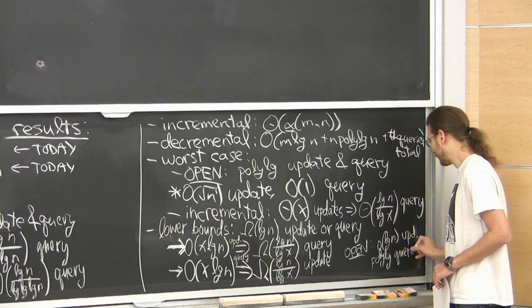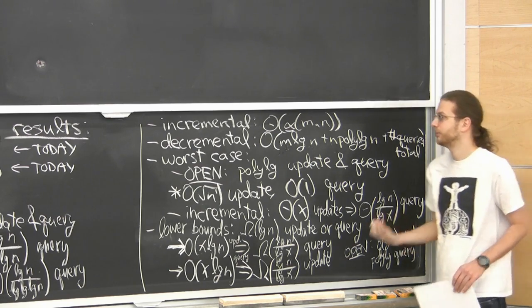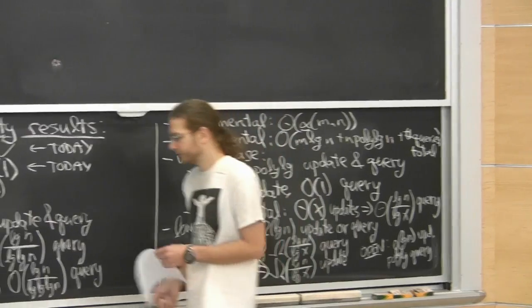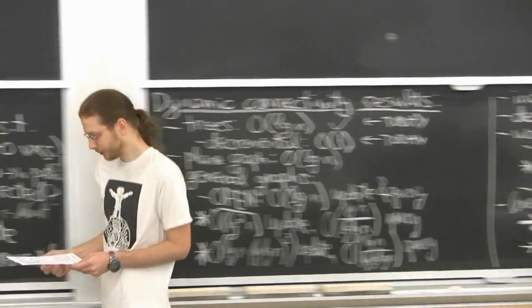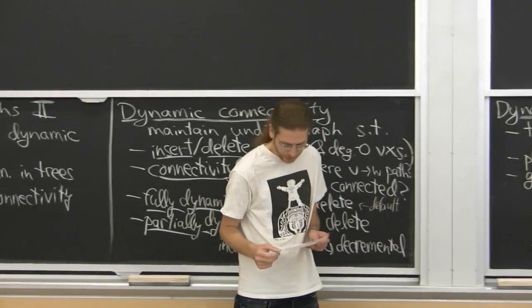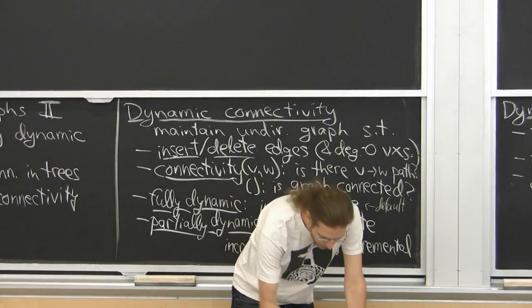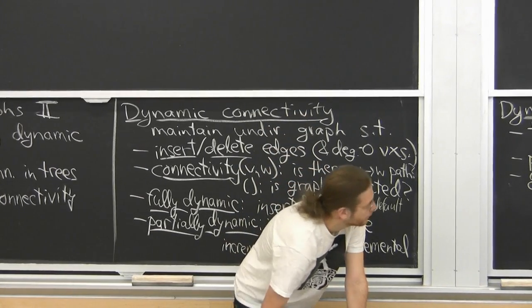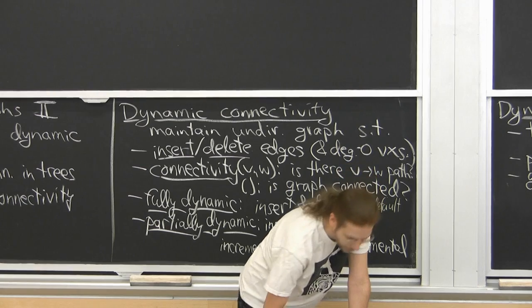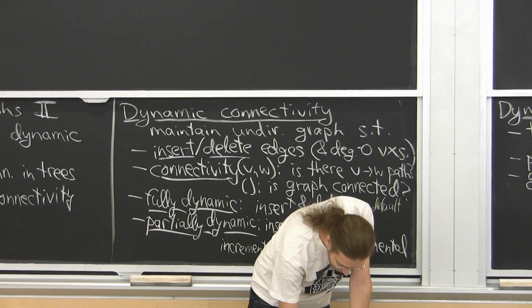The lower bound kind of predicts that something like this ought to exist, but maybe it's just impossible, and there's a different lower bound that makes it impossible. Okay. Some theta I wanted to add here.